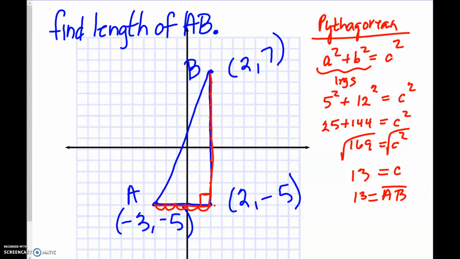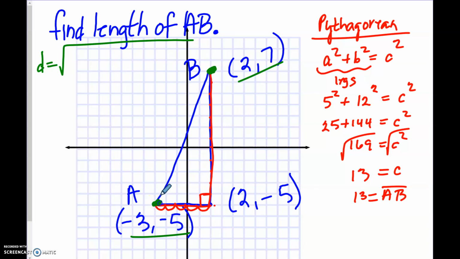Well, if we look at this, do you see how this is point B and this is point A, and they both have ordered pairs? Well, we have something called the distance formula. So the distance equals, like c equals, and then what did I do? It was just c and not c squared, so I took the square root of that.